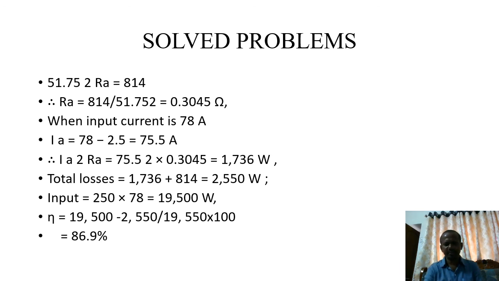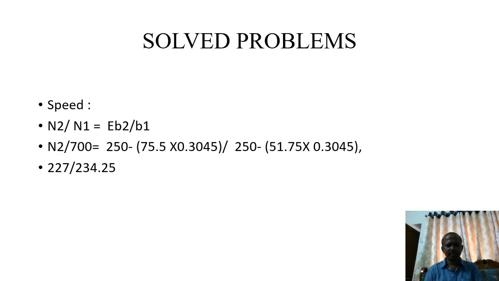Right, next, speed. You know that formula: EB is directly proportional to speed. Then you can write this formula N2 by N1 is equal to EB2 by EB1.